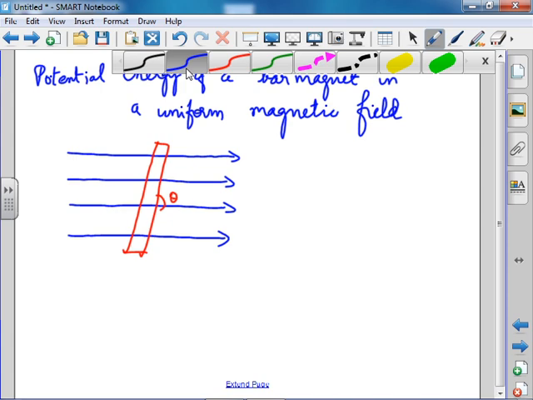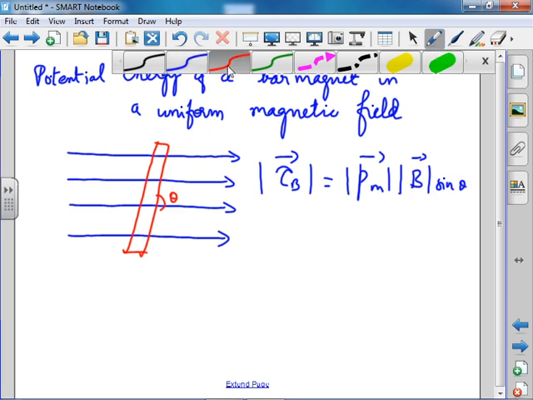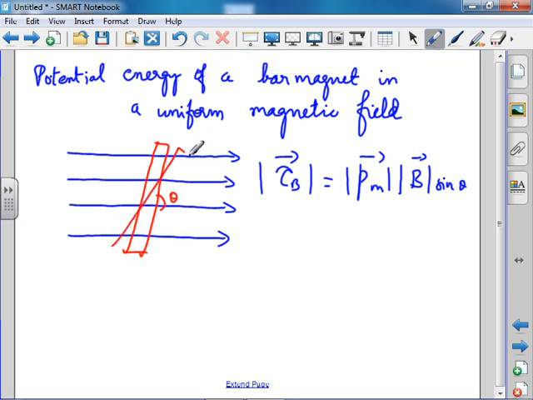And we have studied already magnetic torque tau is equal to PM into B sin theta. Now we are going to rotate the dipole through a small angle d theta, a small angular displacement.